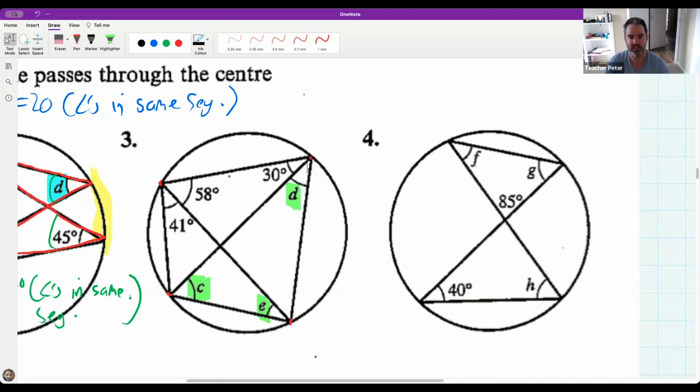Let's try and find the friends of C. Who would C be friendly with based on this shape? I'll give you a little hint. I think this chord is the chord that subtends angles that will help you find C's friend. Go and find C a friend there. Which angle is going to be friends with C?